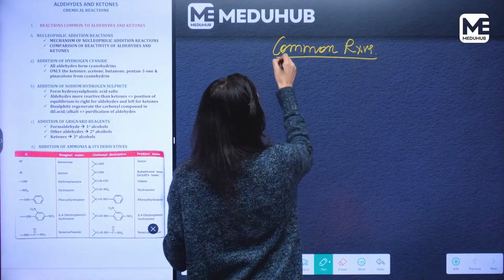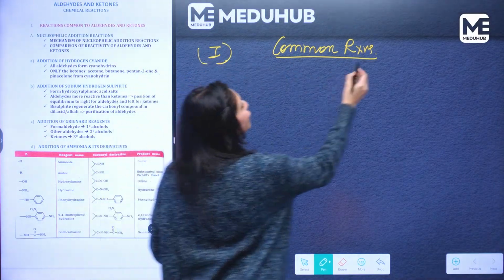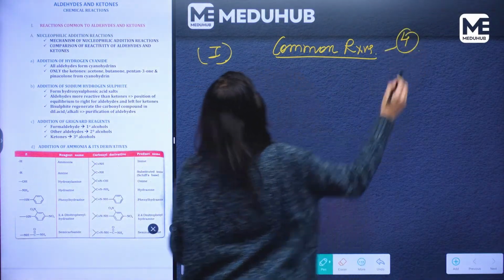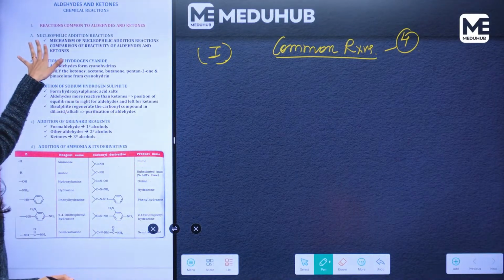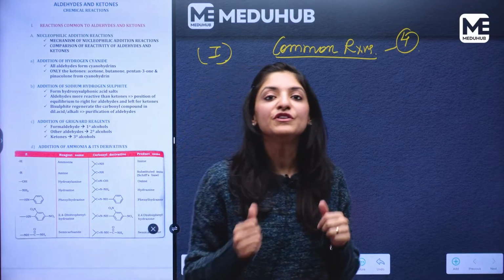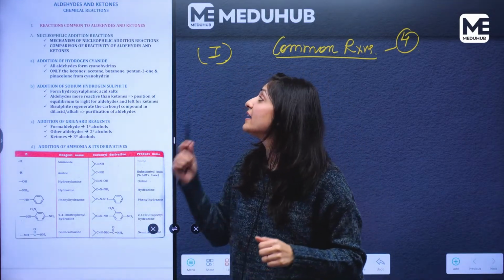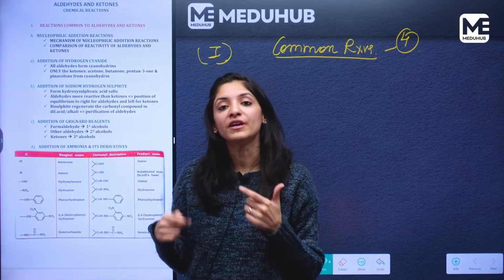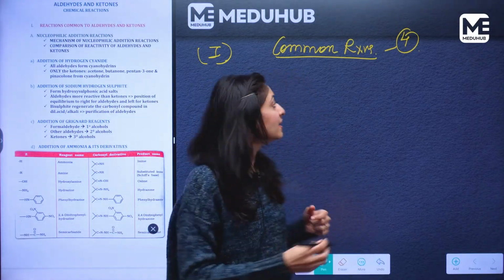common reactions, there are four common reactions. The first one is nucleophilic addition reaction. We have already talked about the mechanism of nucleophilic addition reactions and how is it that aldehydes are more reactive than ketones.